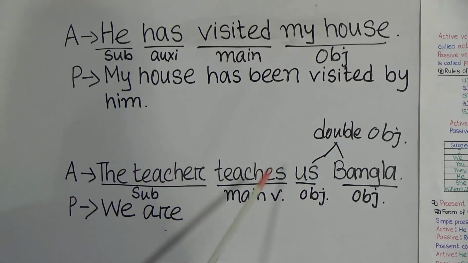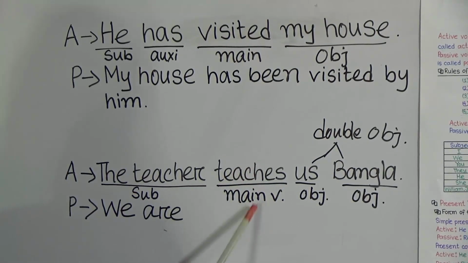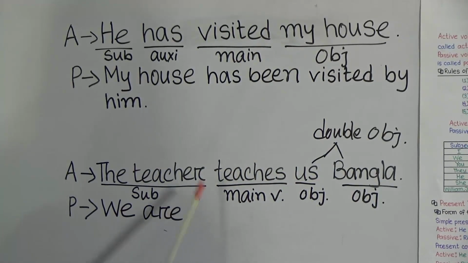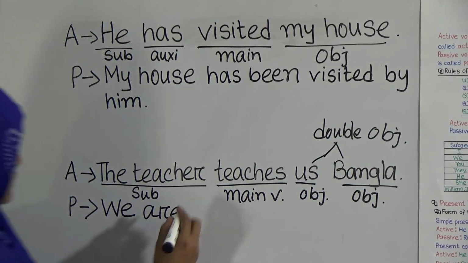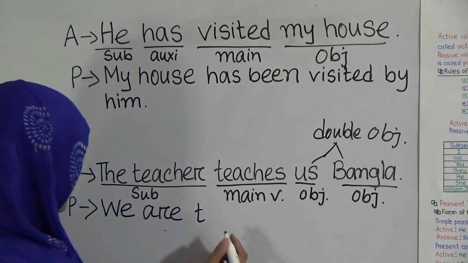Then we have to use the past participle form of the main verb that is given in active voice. That means teaches, the verb teach. And what is the past participle form of the verb teach? Do you know, students? Taught. Taught is the past participle form of the verb teach. We are taught.